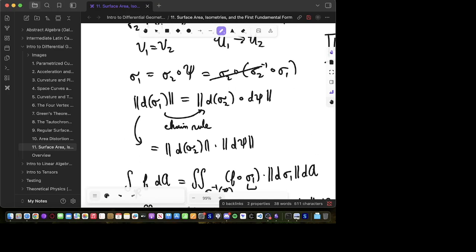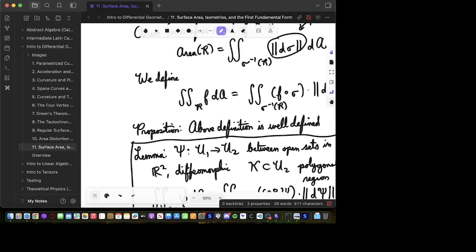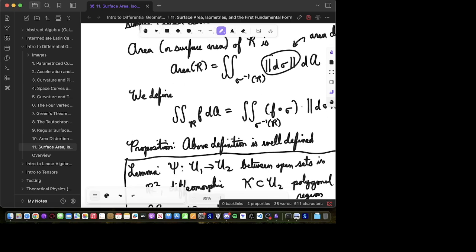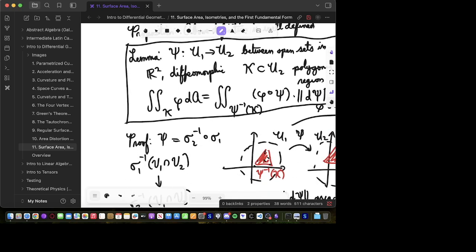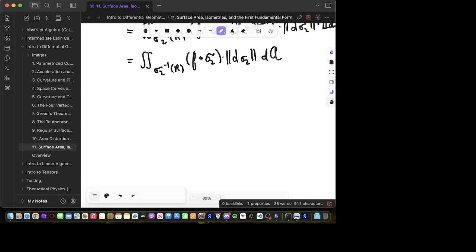And because these coordinate charts are arbitrary, we can conclude that the above definition of integration on a surface is well defined. So that means the integral has the same value no matter which surface patch you use, so long as it's applicable. So let's move on to another proposition.